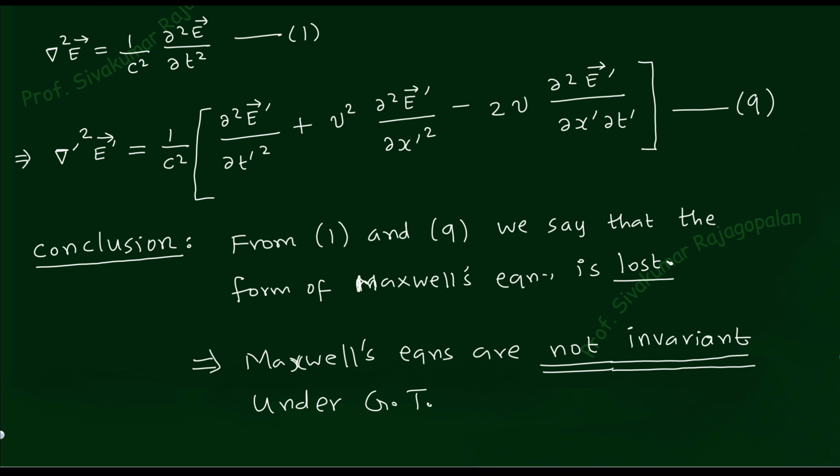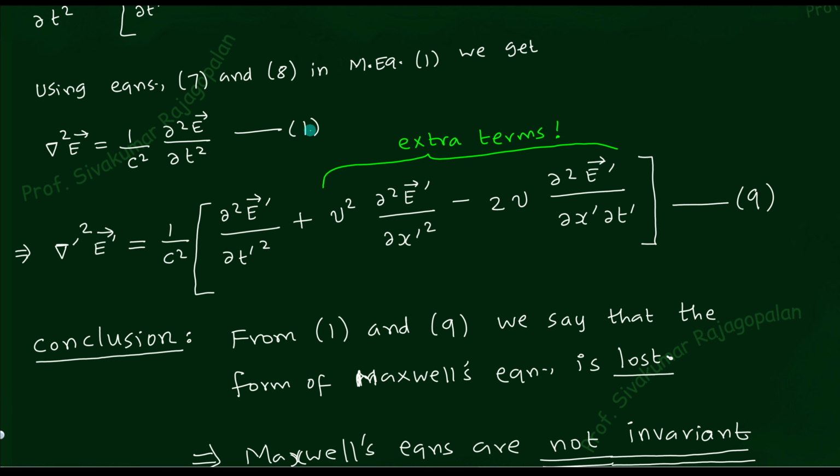So as you can see why it is not invariant, we have extra terms, isn't it? So I'll show some extra terms in the green color. 3 terms are there, right? And so the last 2 terms are the one which is giving trouble. So those 2 terms are the extra terms which is responsible for spoiling the invariance of the Maxwell's equation.